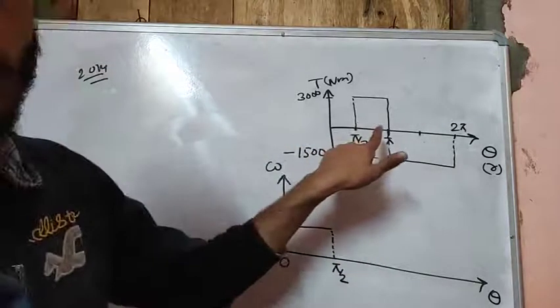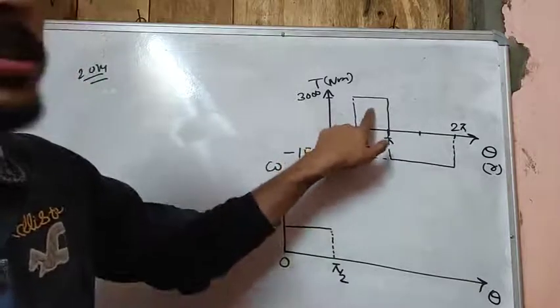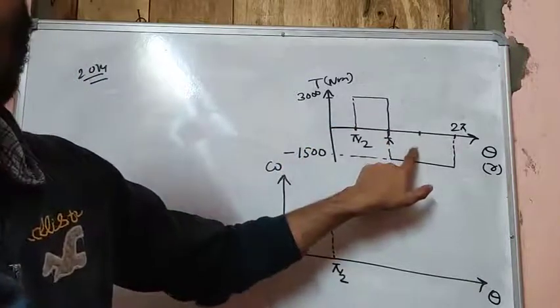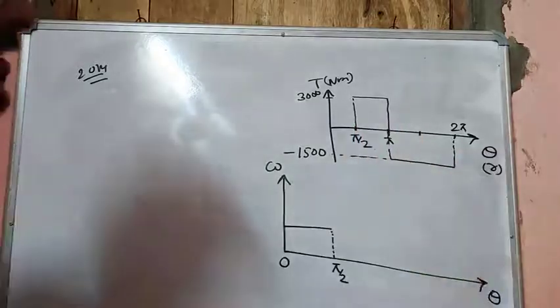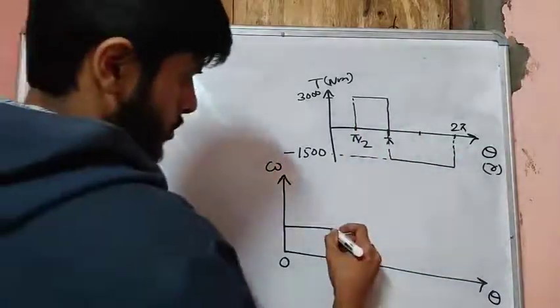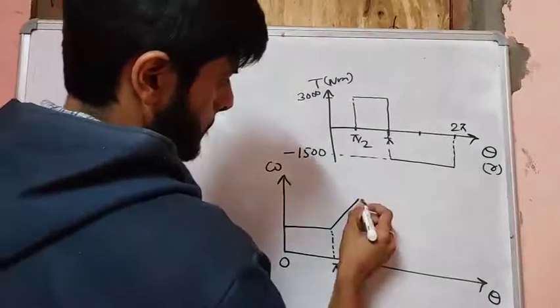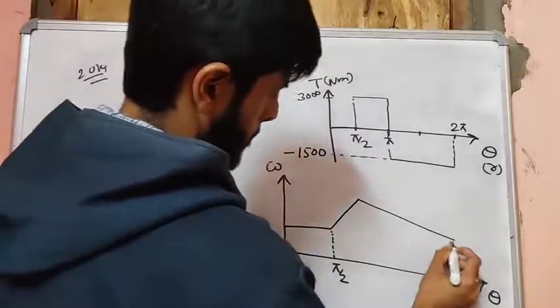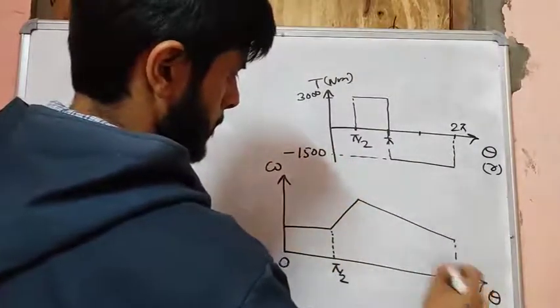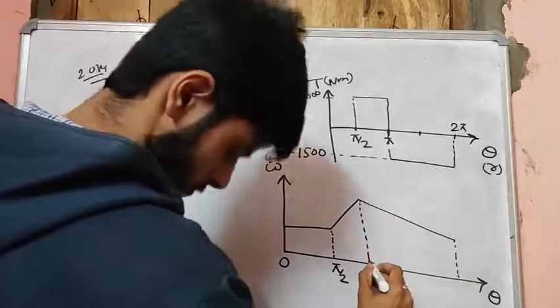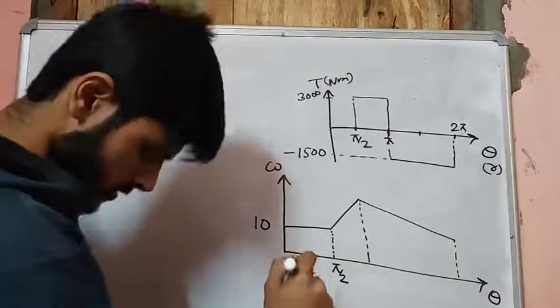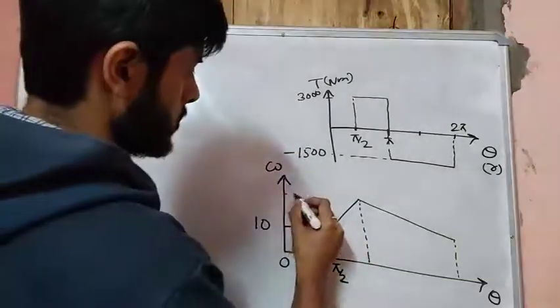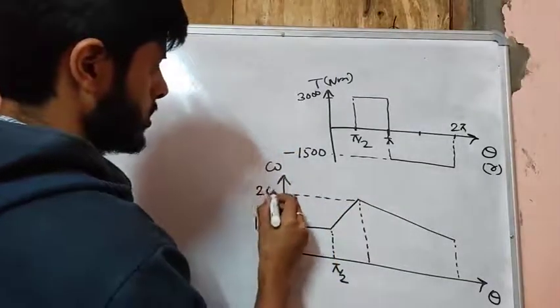Okay, so the power stroke is this much and this is the load stroke. In these two strokes basically the flywheel is supplying energy. So this is 10 radian per second and this is given as 20 radian per second.